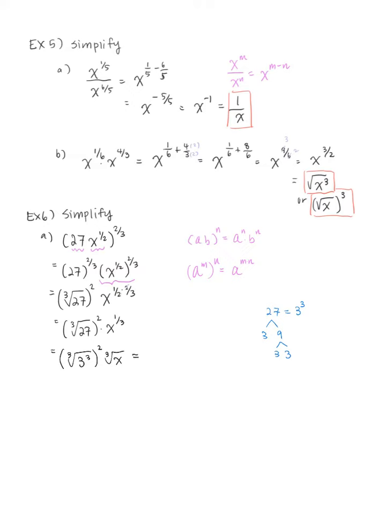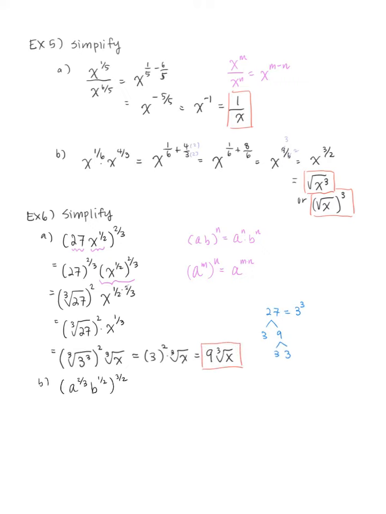So let me just go over here now. That's the same thing as 3 squared multiplying here by cube root of x. So it looks like our answer is going to be 9 times cube root of x. So I'm just going to box this for the answer.